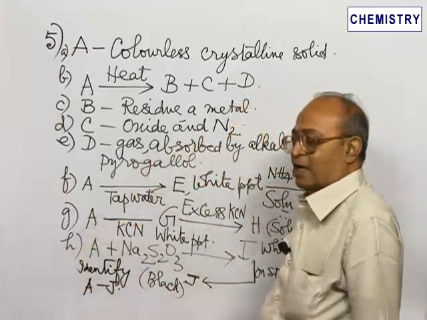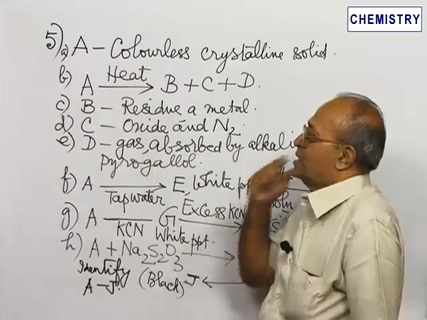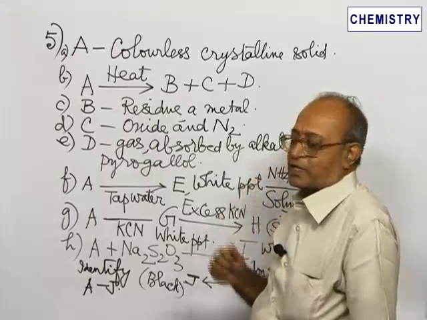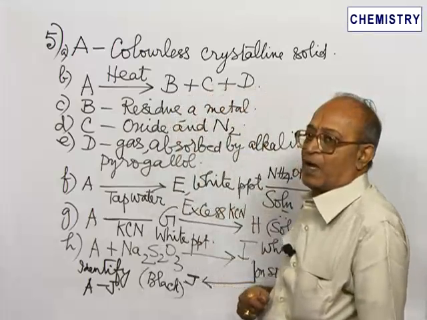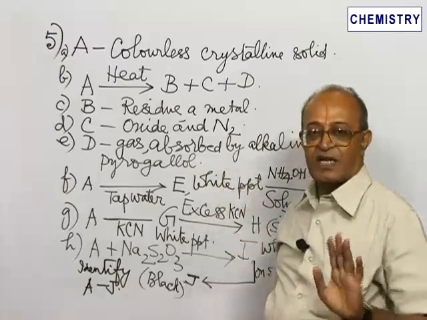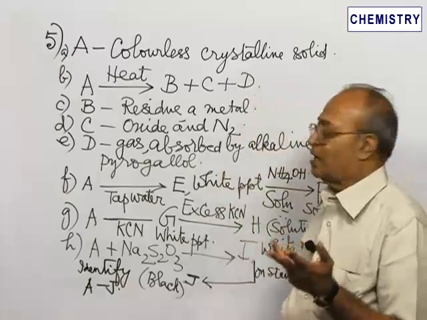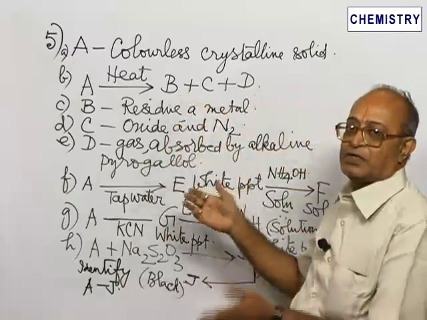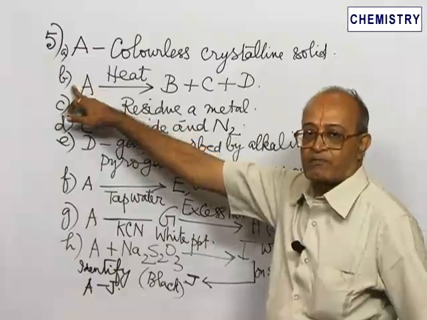The salt A is heated strongly and it gives three products: B, C and D. And some points, of course, by the action of heat again, it is not possible for us to come to any conclusion. What is the nature of B, C or D? I don't know from reaction B.